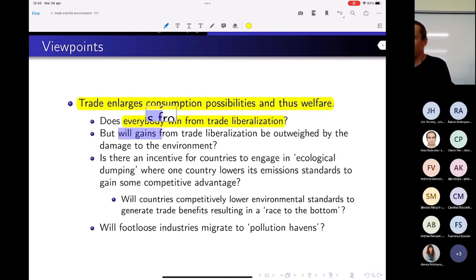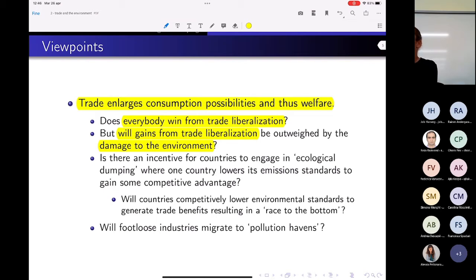Now, given that there are some gains from trade, and gains from trade are because of increases in consumption possibilities, so larger consumption possibilities, there are also damages. There may be damages to the environment. So think about those countries that specialize in the production of dirty goods.